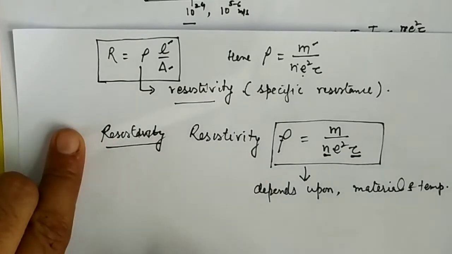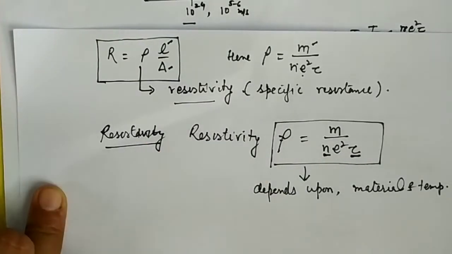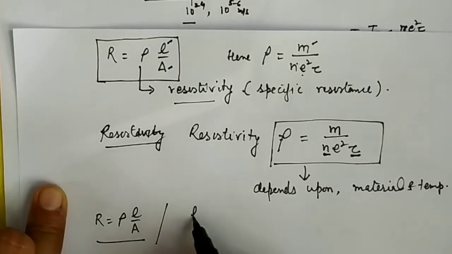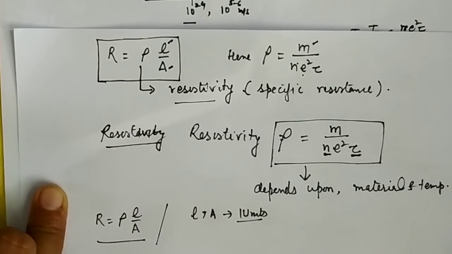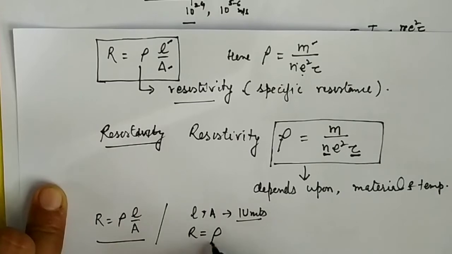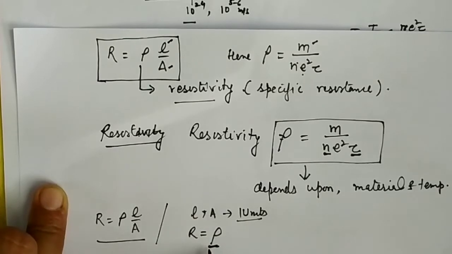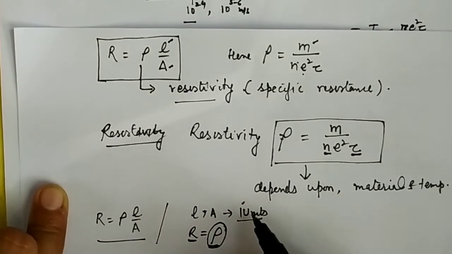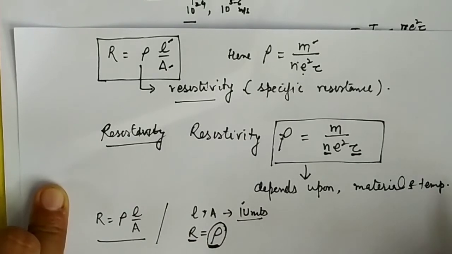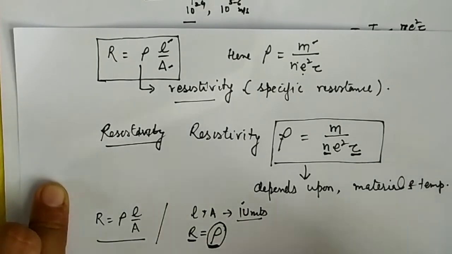If you want to define resistivity, we use the formula R is equal to rho L by A. If you take L and A as 1 unit each, then the resistance will be equal to the resistivity. So you can define resistivity, or specific resistance, as the resistance of a wire of 1 meter length having 1 unit area of cross section.